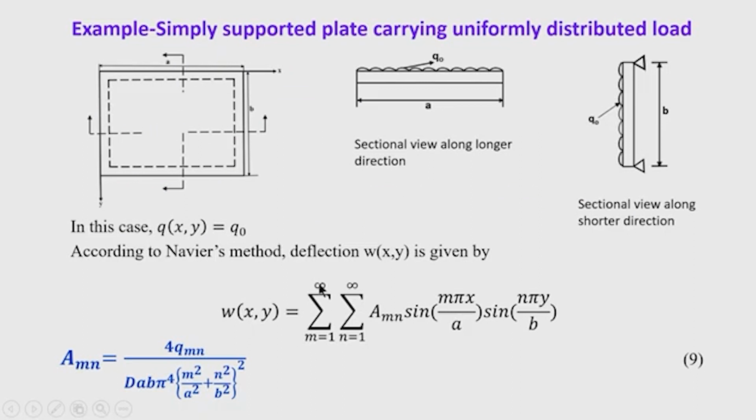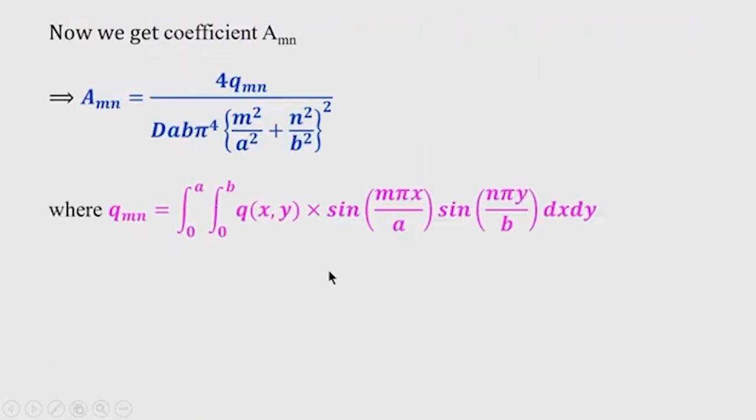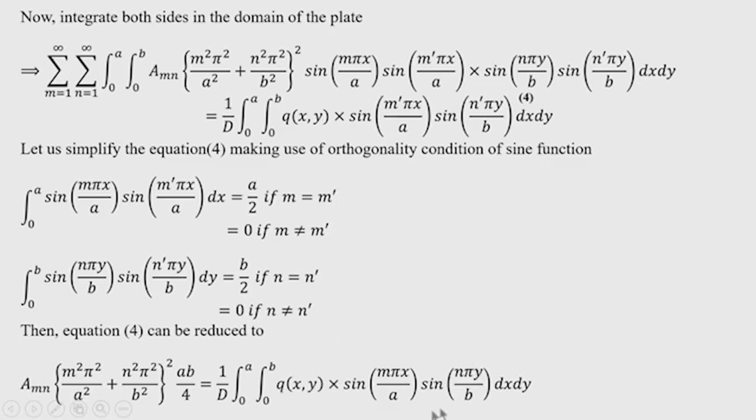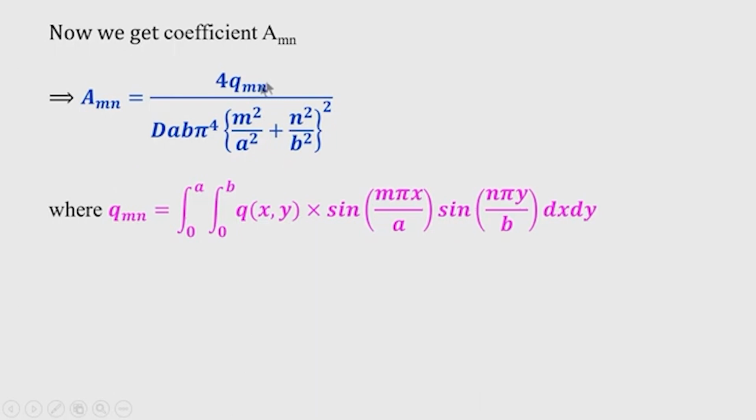Because this integral is taken as q m n, and pi square is taken out, so it becomes pi to the power 4, and a b and 4 are there. So, if this term is q m n, then we can write A m n as 4 q m n over D a b pi to the power 4 into m square by a square plus n square by b square, whole square.